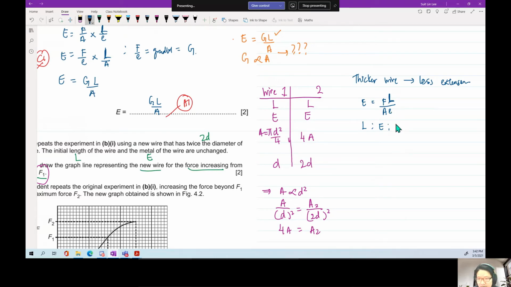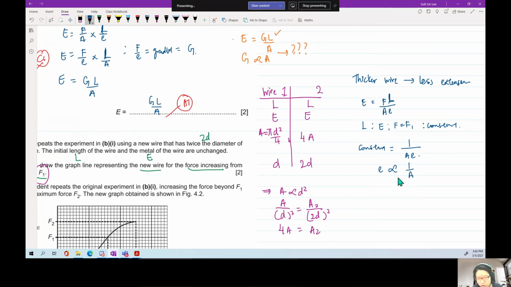We are applying the same force, correct? Because the force is F1. So all of this is constant. Meaning, I will have constant is equal to 1 over AE. Can? So I bring one thing up lah. I will get extension is proportional to 1 over A.